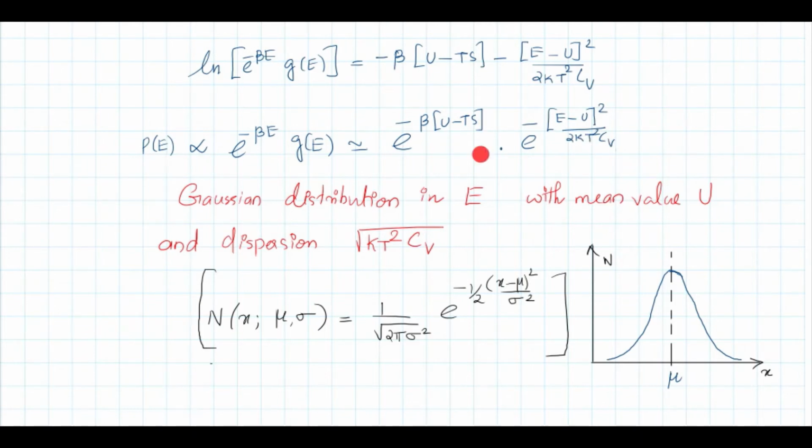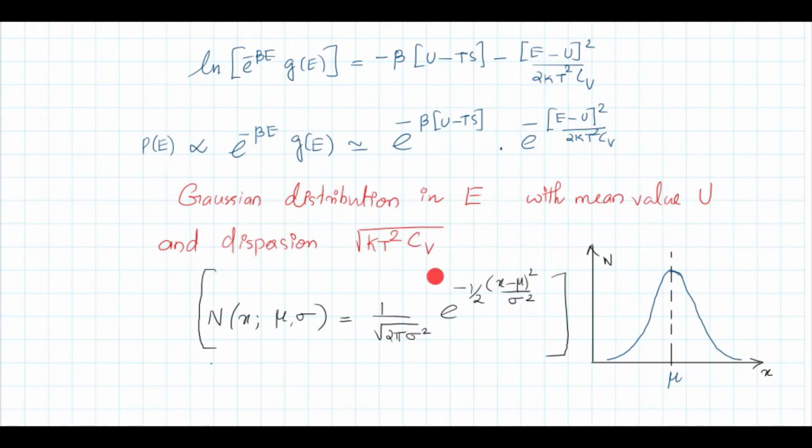This is actually a Gaussian distribution. If you plot this, you will get a Gaussian distribution in energy with the mean value U and dispersion square root of k T square Cv, because this is the standard form of a Gaussian. N of x, mu, sigma is defined as 1 by root of 2 pi sigma square, e raised to minus half into (x minus mu) the whole square divided by sigma square.